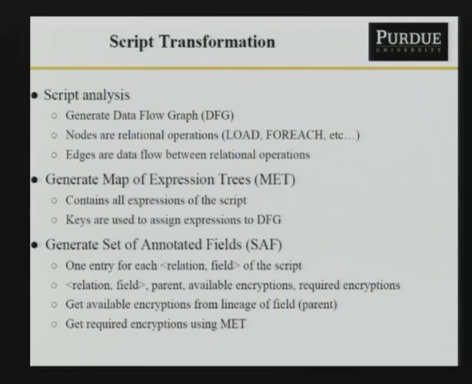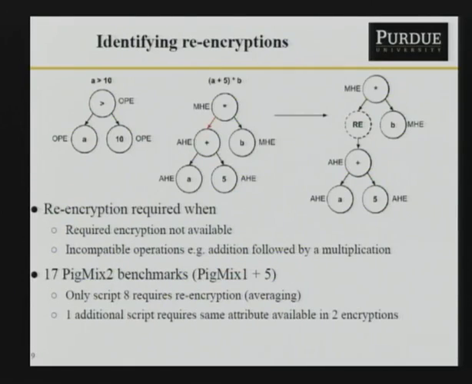You can think of a field as the columns of data or the columns created throughout the computation. For each field, we keep track of what homomorphic properties each field is required to be under, and what homomorphic properties it is available under. So once we have these data structures, we're able to transform our script.